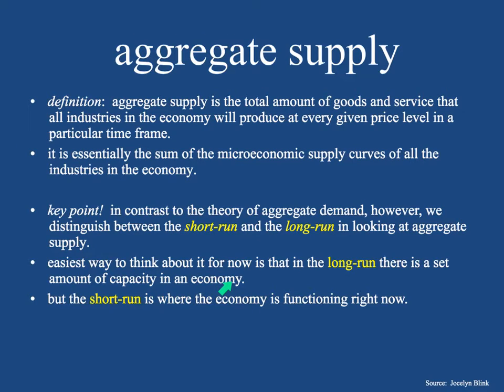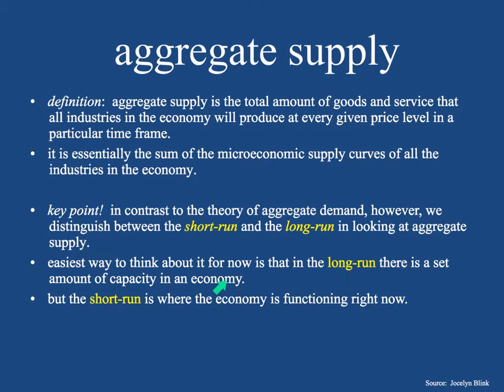If you added up the total capacity of all factories, all everything, in the long run, that's the maximum it could do. So if every single pizza oven in Chile is functioning right now, then they're working at full capacity, and that means they would be meeting the long run capacity.